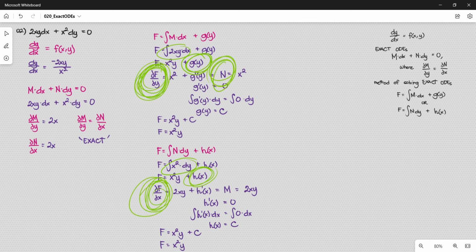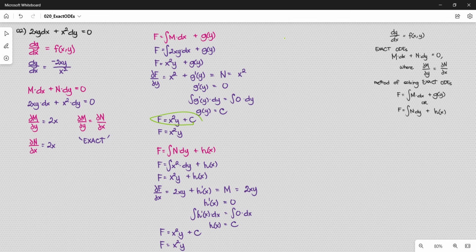And itong partial ng f with respect to x, equal dapat siya sa M by definition. So, ganun natin makukuha yung value ng g of y or yung h of x, depende kung ano yung ginamit. Tapos, plug in na lang, tapos simplify. So, ganun makukuha yung general solution ng exact differential equations. Okay? Yan. Goods na tayo dito.